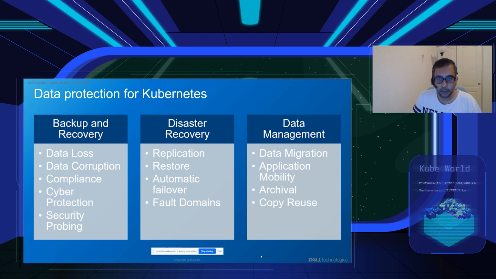In that case, you want to make sure that the data is replicated to an alternate site, you can restore to an alternate site, and you can fail over. You create the concept of fault domains. So that's the second pillar.